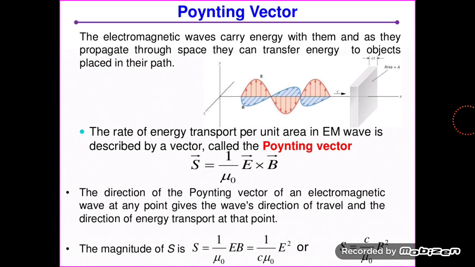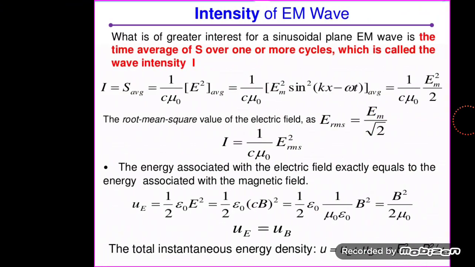The magnitude of S is equal to 1 by mu naught of E and B. By putting in the value of E or B, we have S equal to 1 upon c mu naught of E square, or S equal to c upon mu naught of B square.